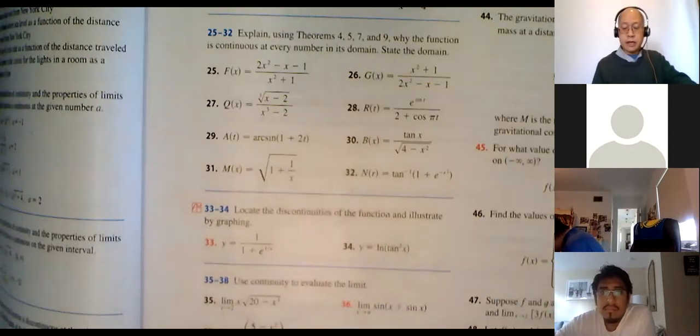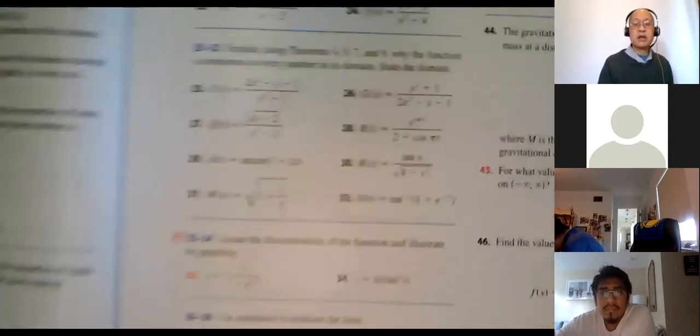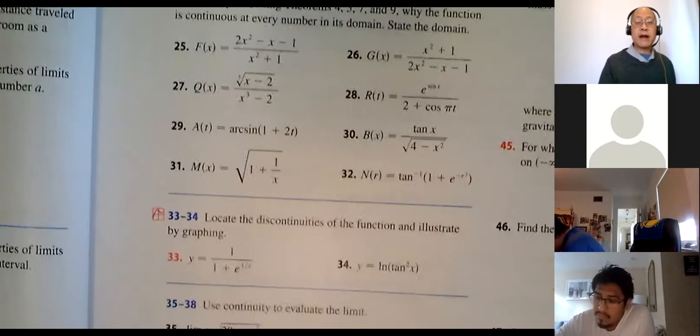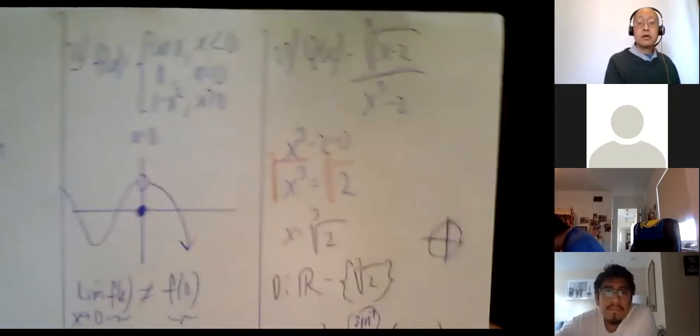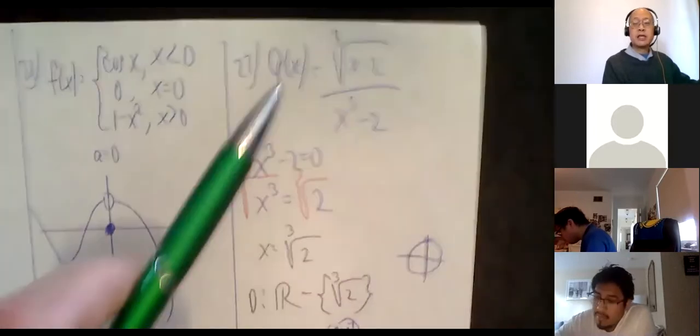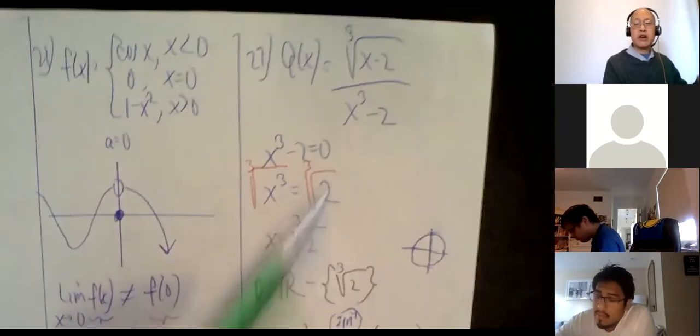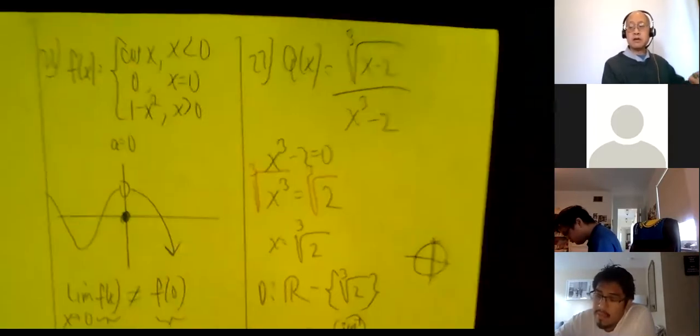Okay, so how about something like 27? Okay, 27, I've got a radical and a denominator. So let's take a look at that. Q of x is cube root of x minus 2 divided by x cubed minus 2.